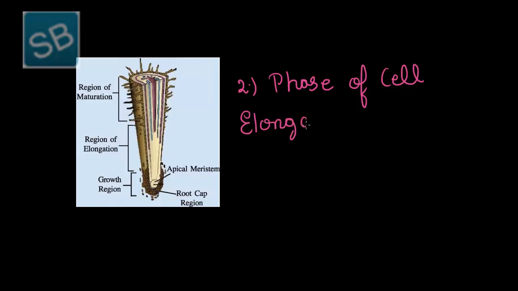After the phase of cell division comes the second phase, that is the phase of cell elongation, which is also known as the phase of cell enlargement. As can be seen from the figure, between the two regions, that is maturation and cell division region, there occurs the region of elongation.